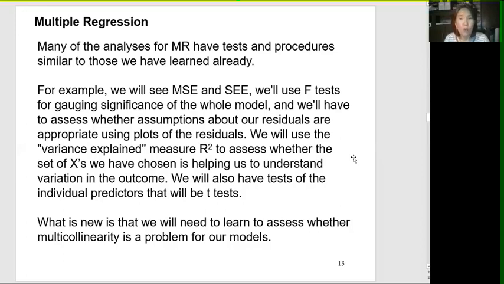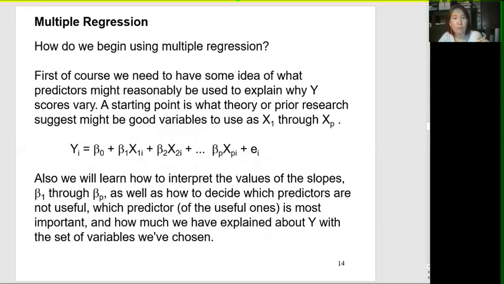We will also have tests of the individual predictors, which will be t-tests. What is new is that we will need to learn to assess whether multicollinearity is a problem for our model. So how do we check that? Just simply run the correlation matrix.